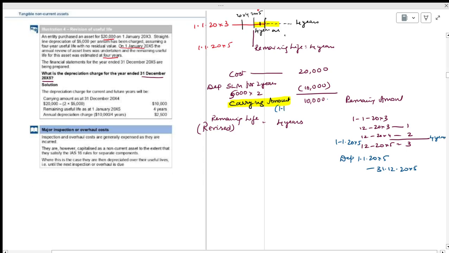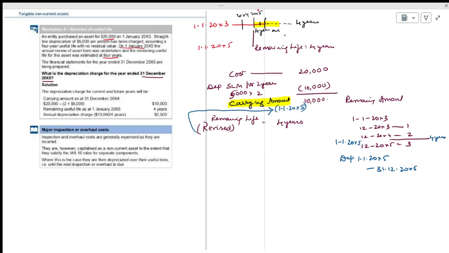Because they have revised the value of the asset at the beginning of the year.